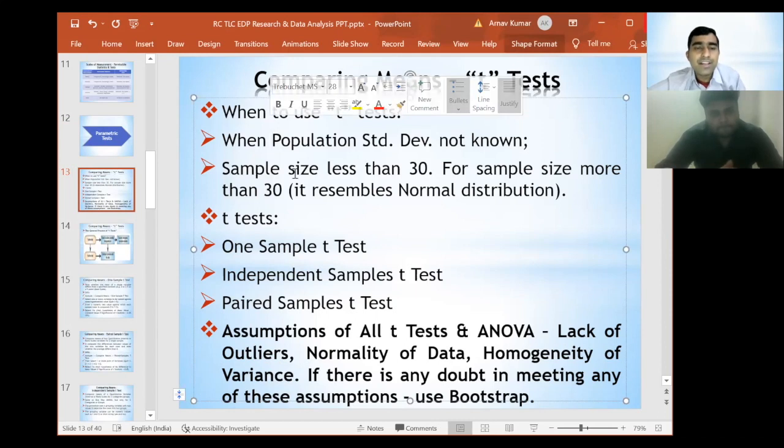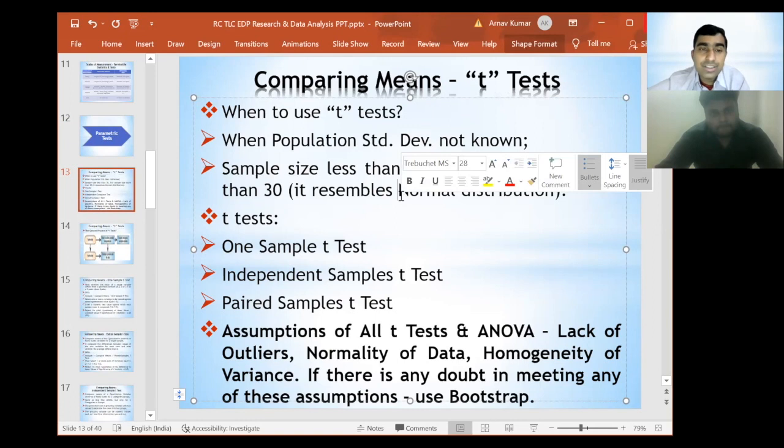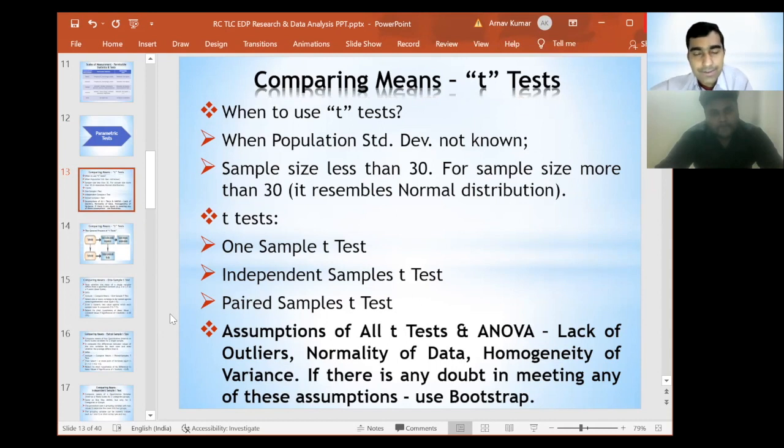We say that when the population standard deviation is not known and the sample size is less than 30, both conditions should be met, we should use the t-test. But just look at these two things, and then you will understand why we use t-tests almost universally. Can you think of any circumstance in which the population standard deviation will be known?